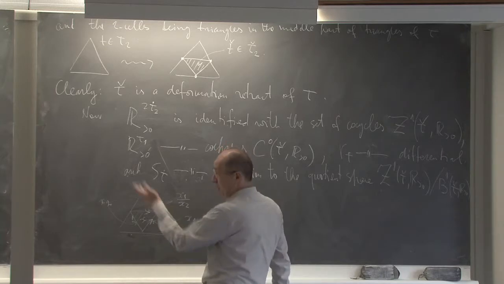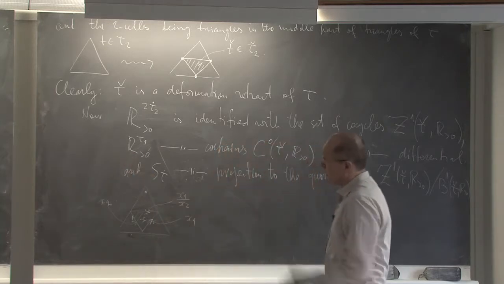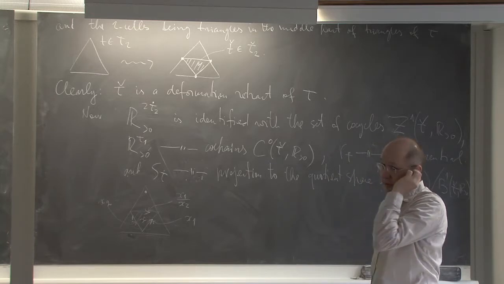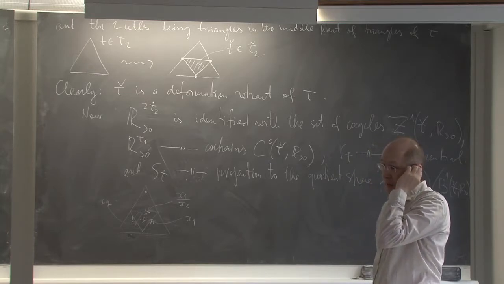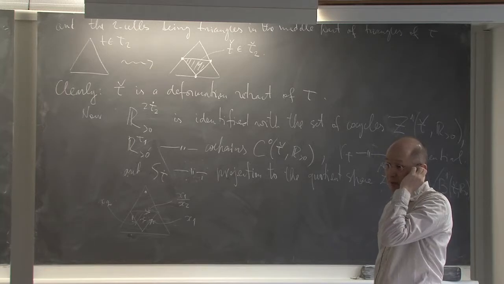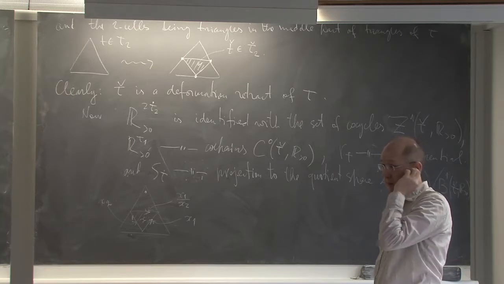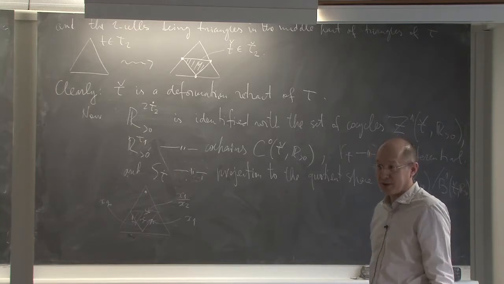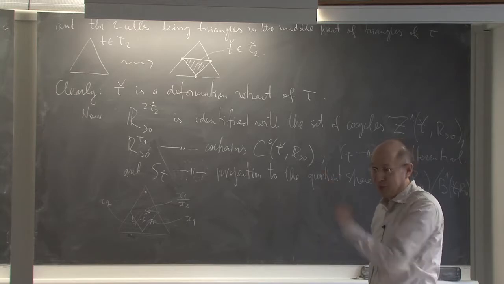And now our sequence of two arrows becomes just a fragment of the cochain complex of tau check. Okay, now I hope it is better with the exactness of that guy.